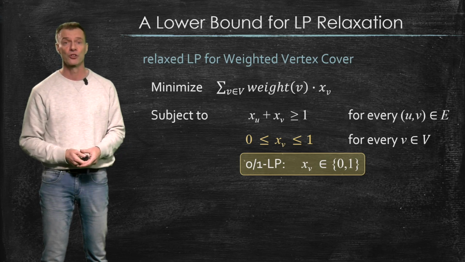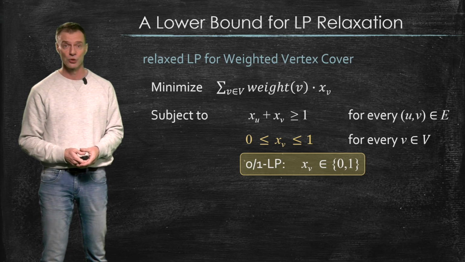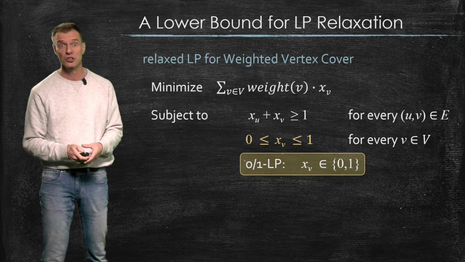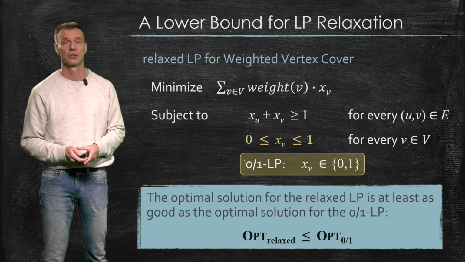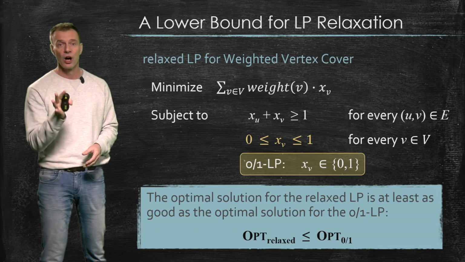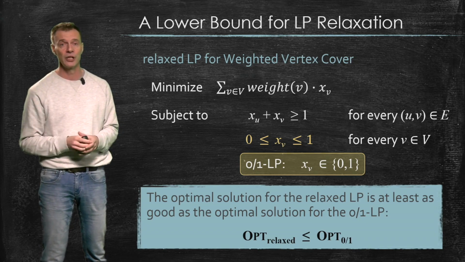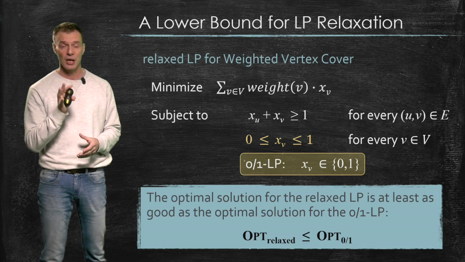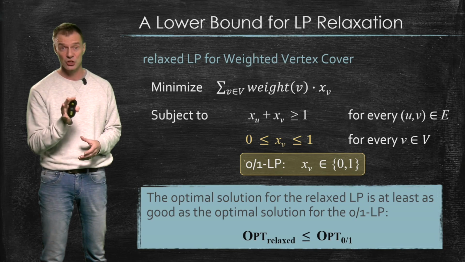And if you have more possibilities, then obviously the solution is not going to get worse. It could only get better, or maybe stay the same, but it will never be worse. So what can we conclude? That the value of the solution for the relaxed LP, which here I denoted by opt relaxed, is at least as good as the value of the 0,1 LP.